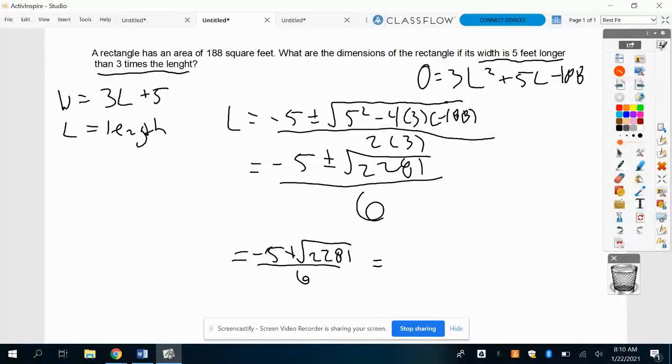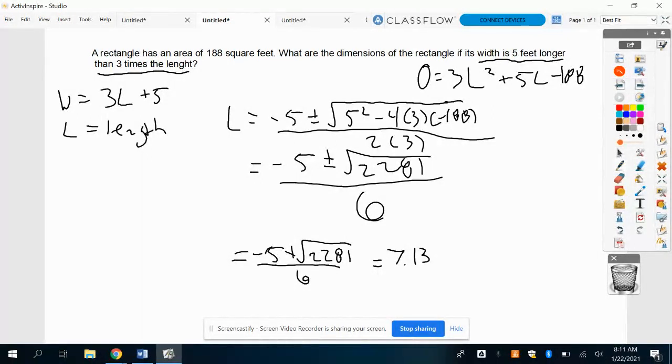And then we're going to get a number there. So when we do that, if you just put in your calculator -5 plus second square root, so -5 plus the square root of 2,281, probably need to close your parentheses and hit enter, you'll get 42.759... But then we need to divide that by 6. So your final answer, you get 7.1266... So it rounds to 7.13.